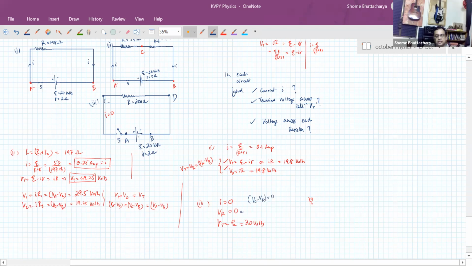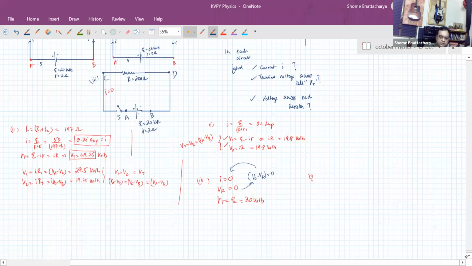So that's why the current is becoming 0. Okay, so hope this is clear.